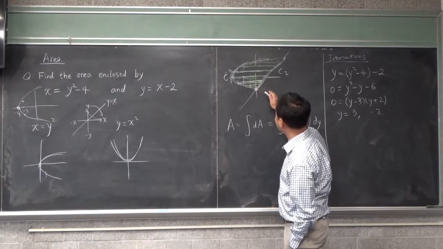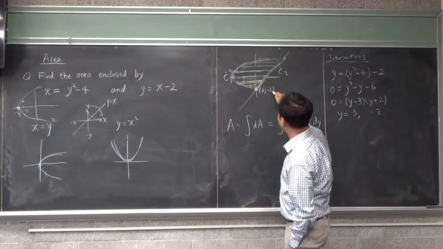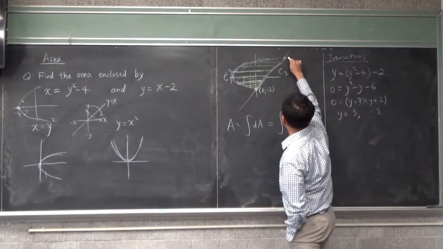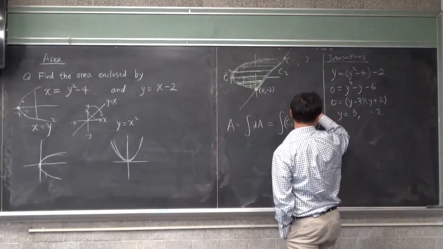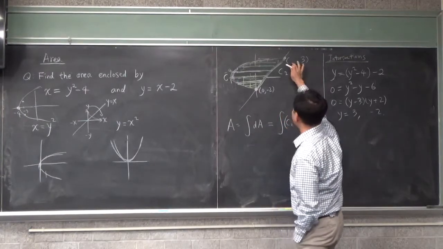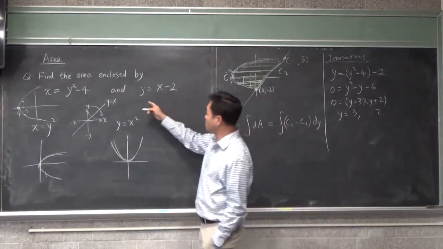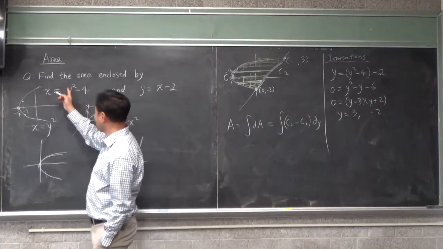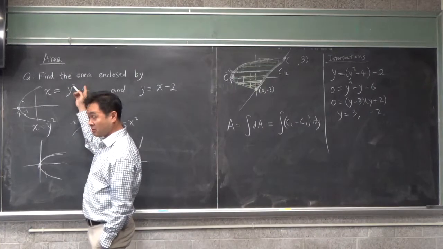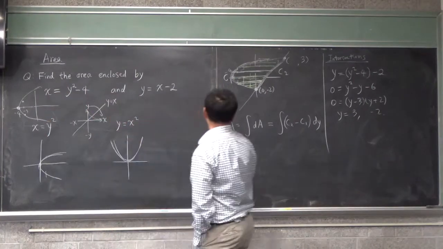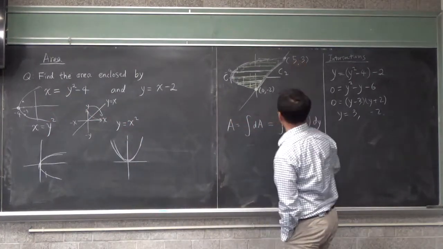This is 0 comma negative 2, right? And if I want to know this value, well, the y value is 3, that we know. How do you get the x value? Just plug into one of them. So if I plug in 3 squared is 9, 9 minus 4 is 5. So I know that this coordinate is 5 comma 3.